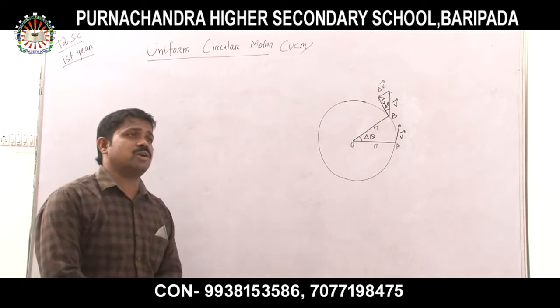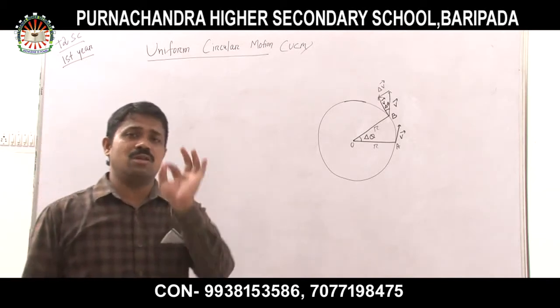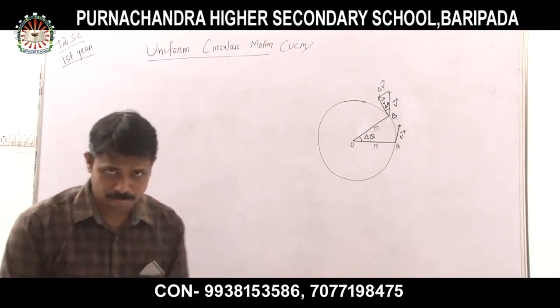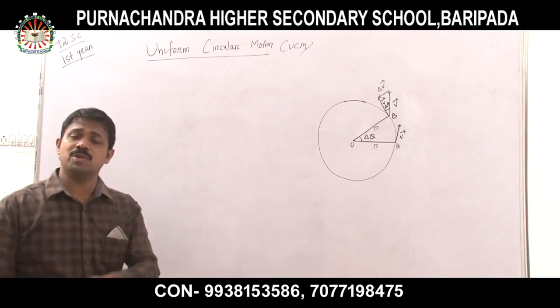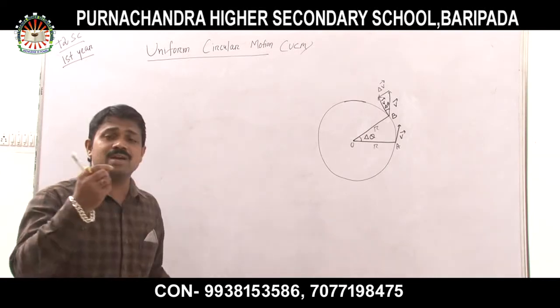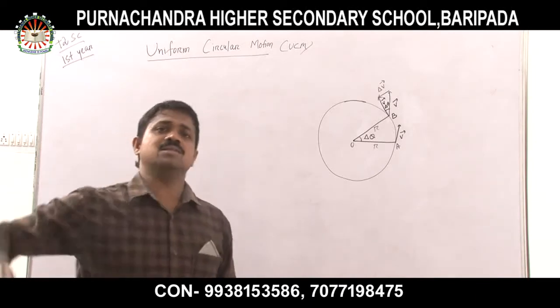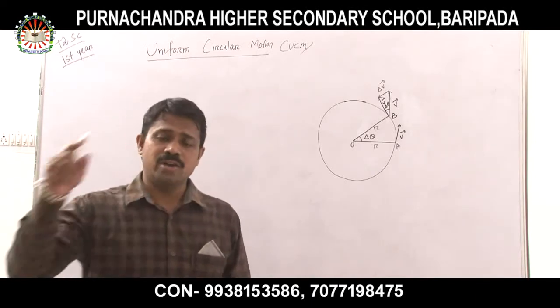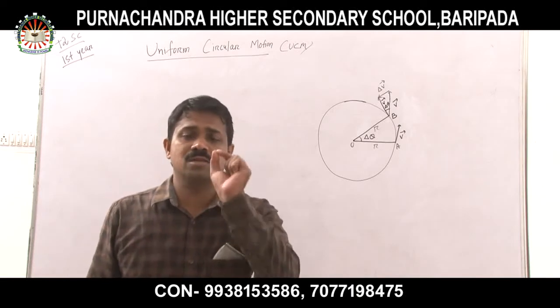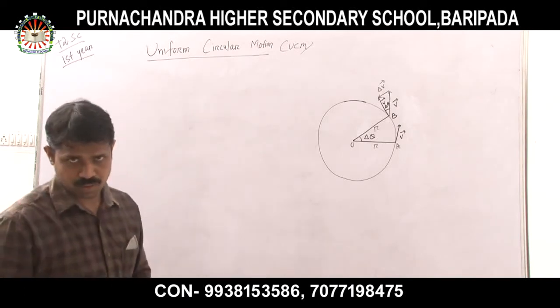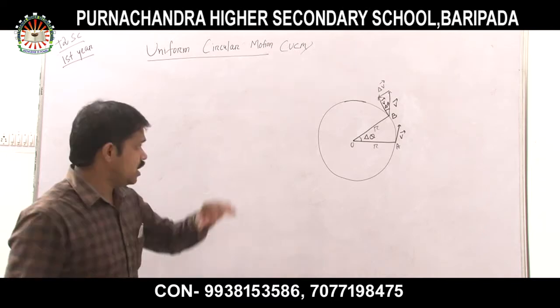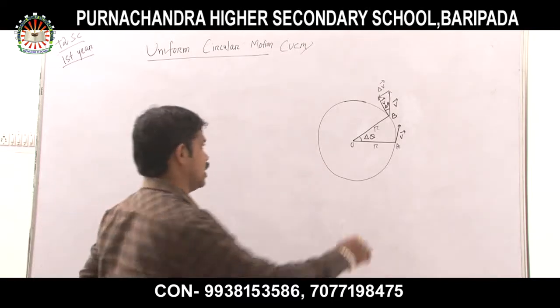Now another very important point is that uniform circular motion is a periodic motion. So what do you mean by periodic motion? Periodic motions are the type of motion in which the object repeats itself after a certain interval of time. Now in this type of circular motion, look here.